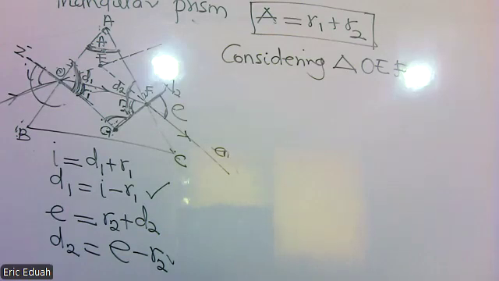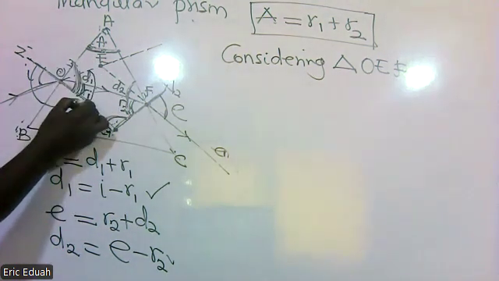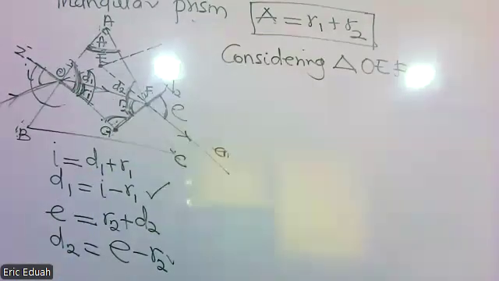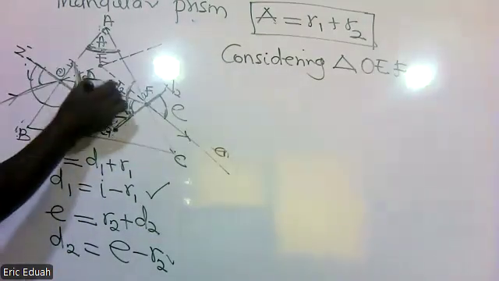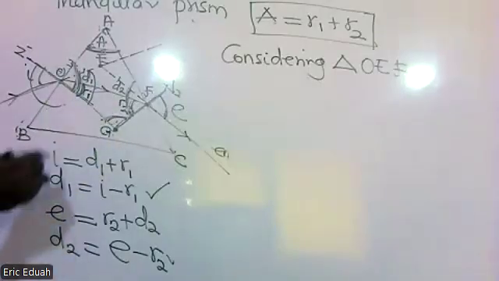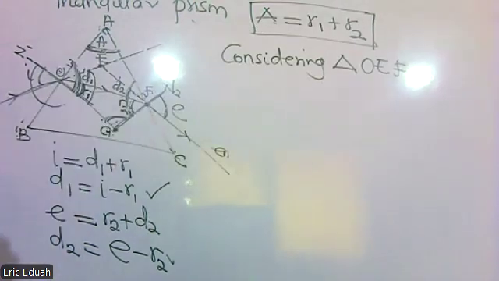This triangle, because this angle here is 90 and this angle here is 90, it is like we'll have this size of the triangle being the same. So this side and this side is the same.